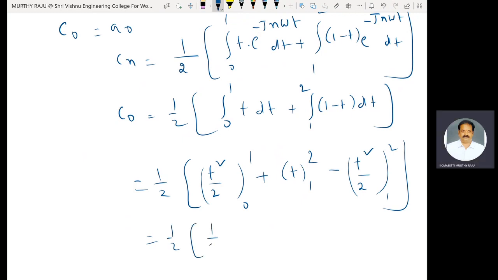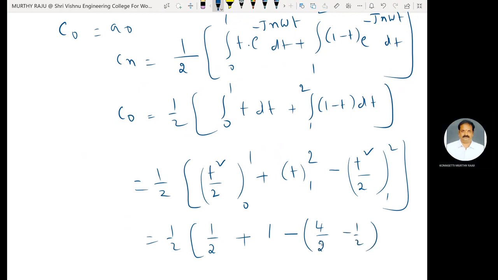That is equal to 1 by 2 plus 2 minus 1, 1, minus 4 by 2 minus 1 by 2.